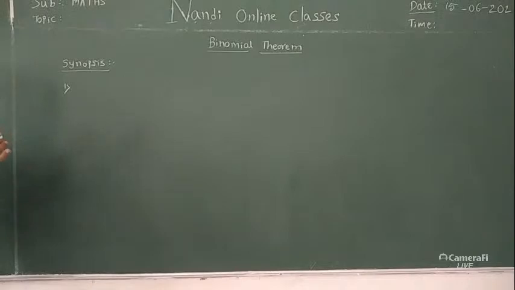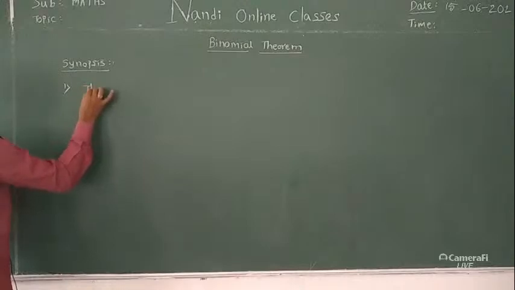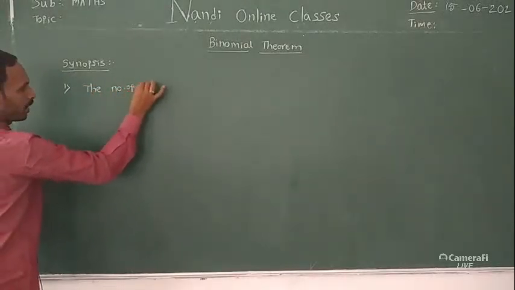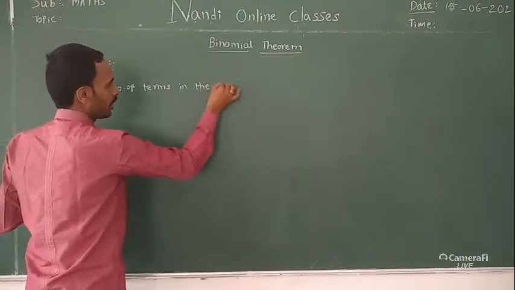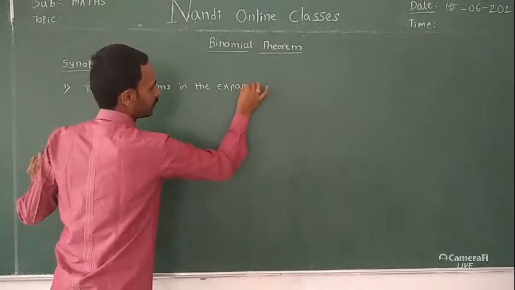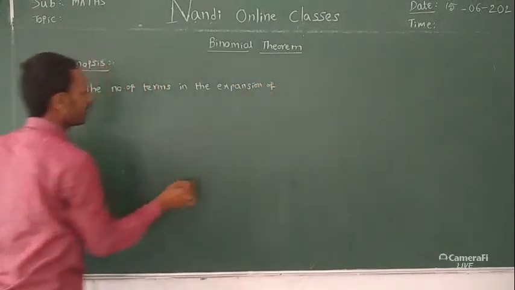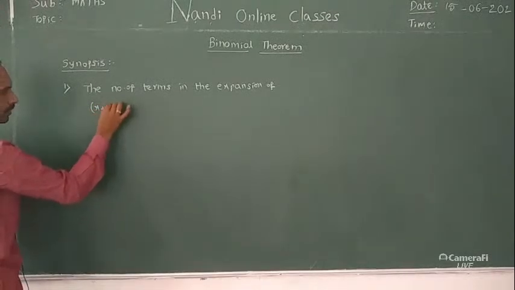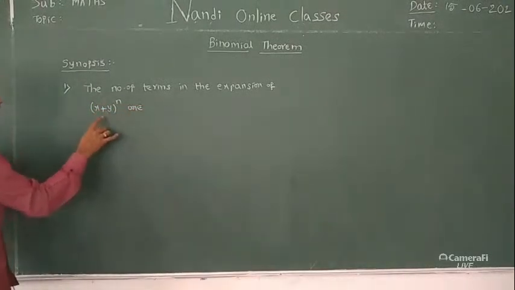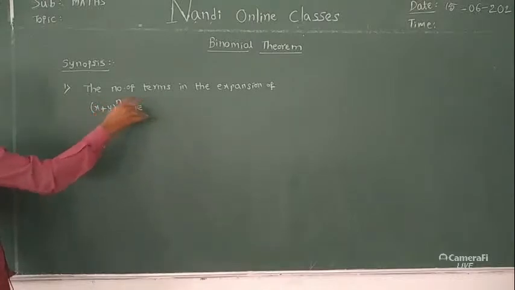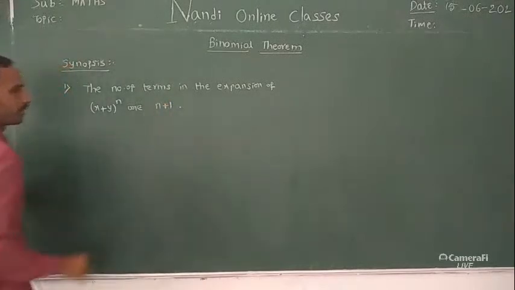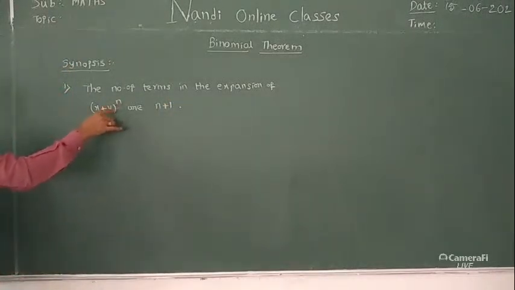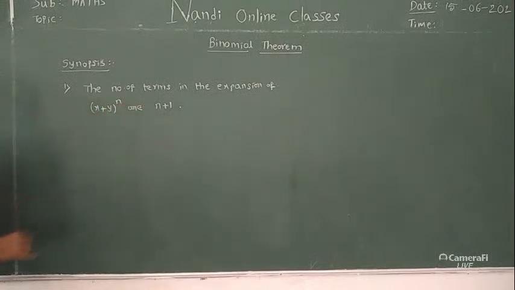If you expand this, the number of terms in the expansion is n + 1, one more than the exponent. Suppose whole power 9 is there, in that expansion 9 + 1, 10 terms are there.